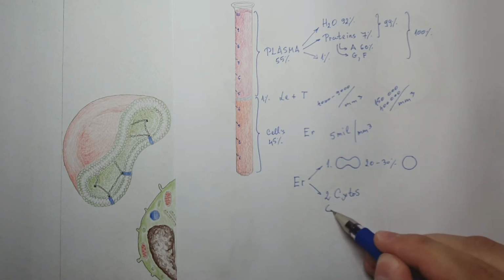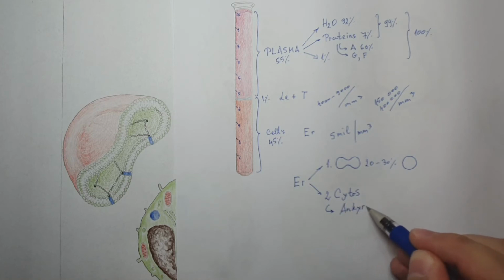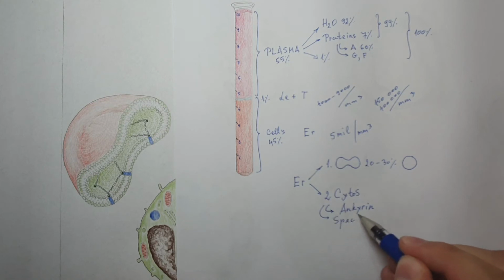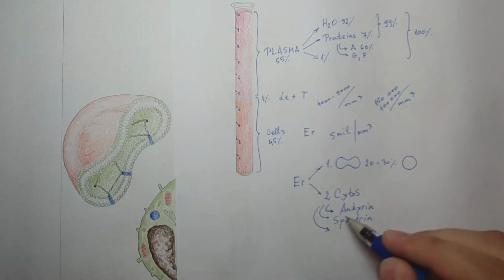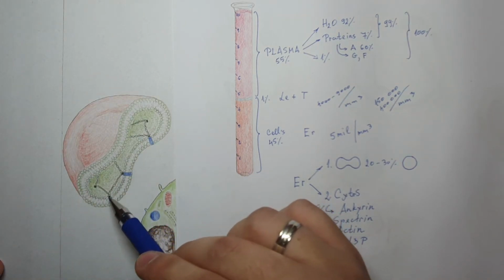Some of these proteins, there are many, but the commonly mentioned are ankyrin proteins, spectrin proteins, actin proteins. There are also myosin 2 proteins and other proteins like band 3 proteins. And all of them together function in order to make this cytoskeleton.